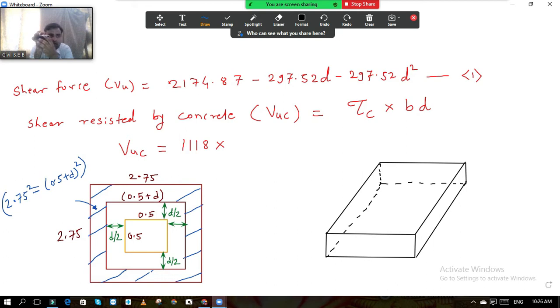Okay, so the contact area I will hatch so that you see this area will come into contact.